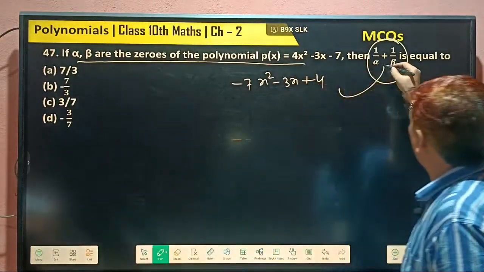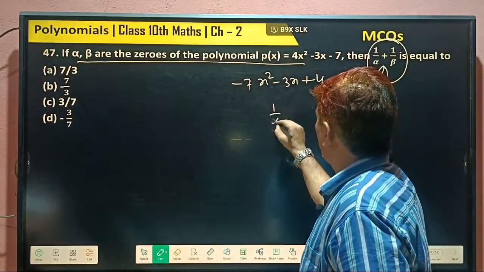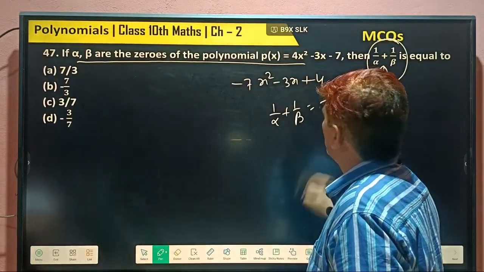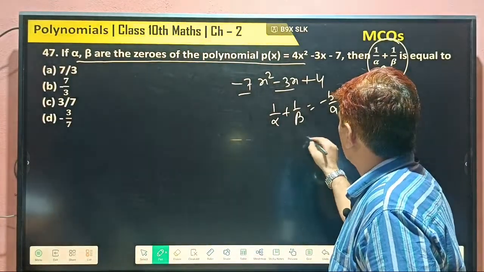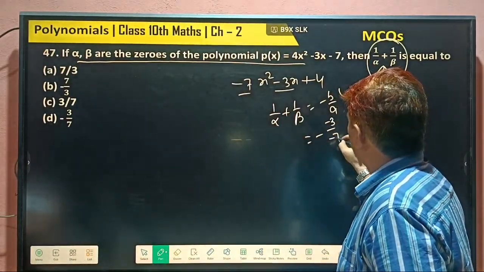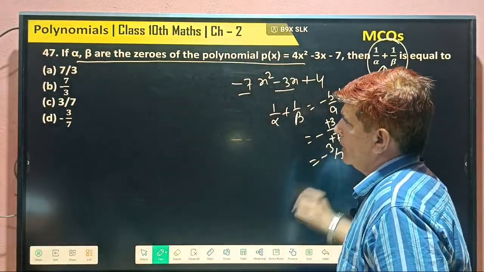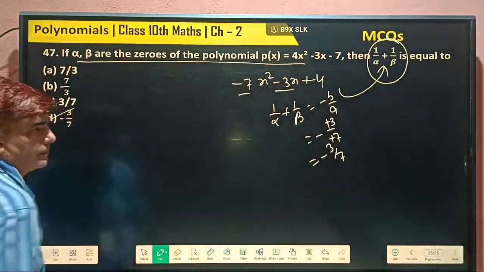This is the polynomial whose zeros are these. So the sum of the zeros, 1 by alpha plus 1 by beta, is equal to minus b by a. Here b is this and a is this. So this is minus 3 by minus 7, so this cancels this, minus 3 by 7. Anywhere given, D is your answer.